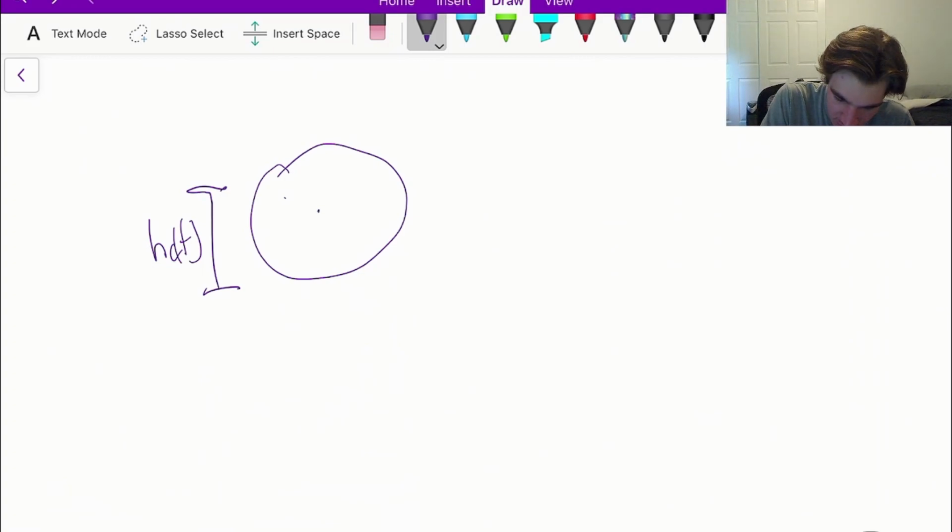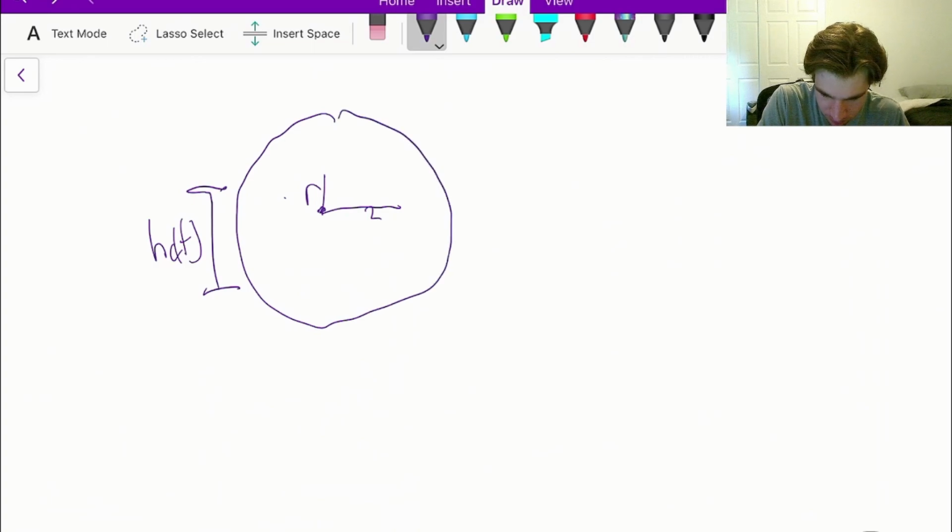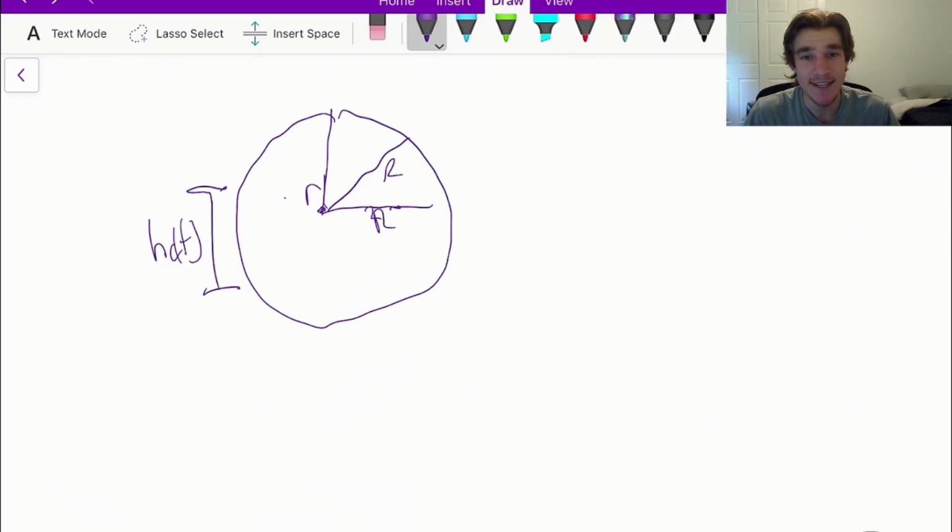We have the water level at that height. I'm going to change this to R. So to get the cross-sectional area, this water level right here, we'll call this R of T. This is little r.